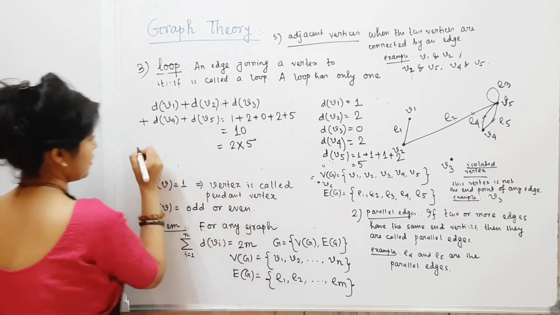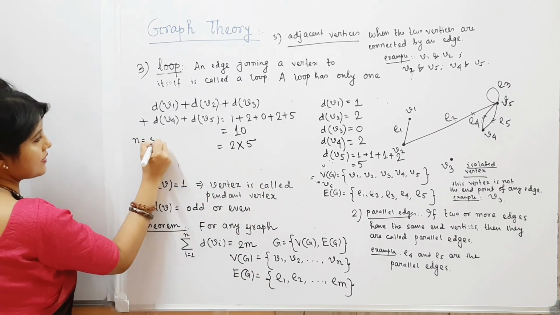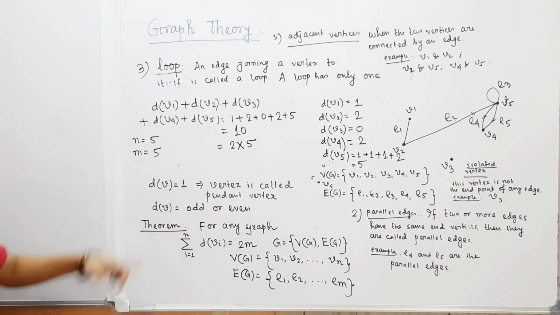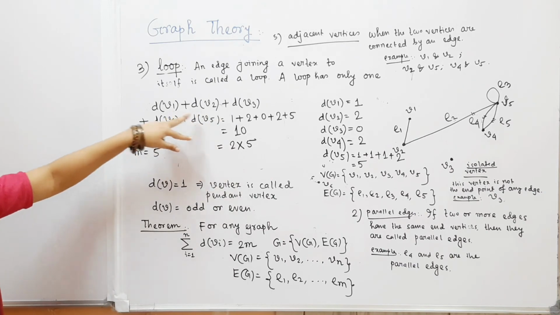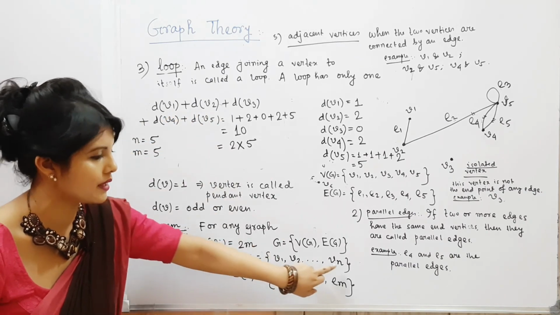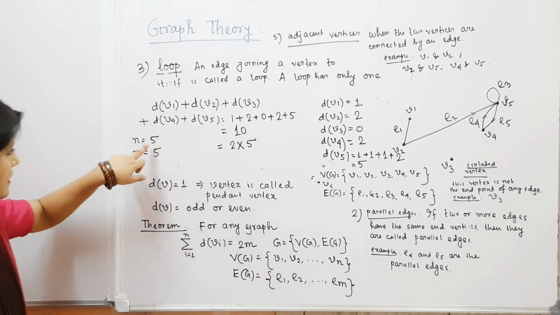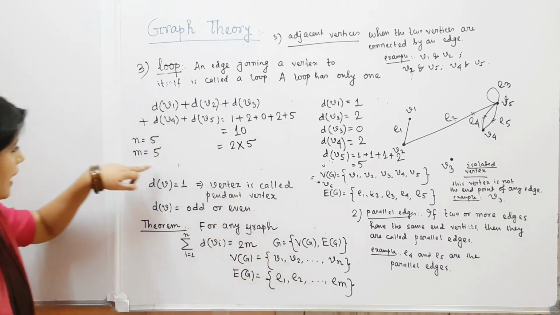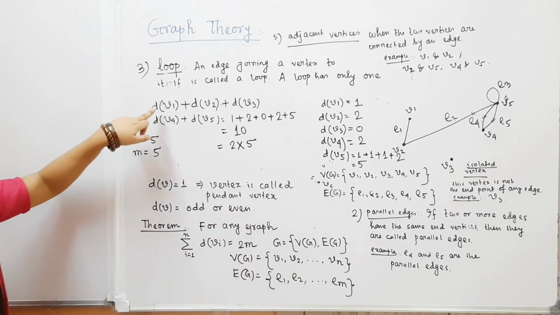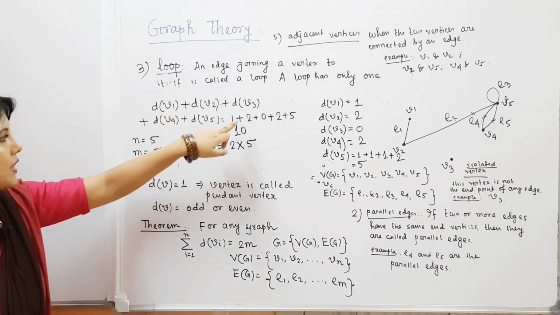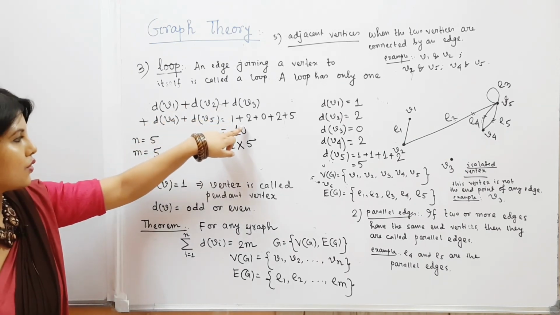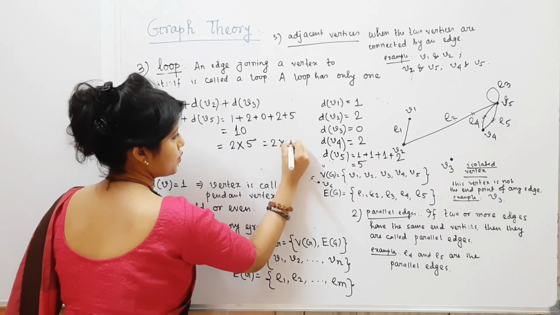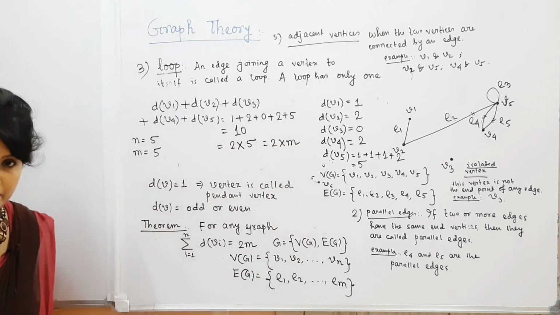So here n is 5 and m is 5 also, because there are 5 vertices V1, V2, V3, V4, V5, so n is 5, and E1, E2, E3, E4, E5, so m is 5. So the degree of V1 plus degree of V2 plus degree of V3 and so on is equal to 2 into 5, twice the number of edges.